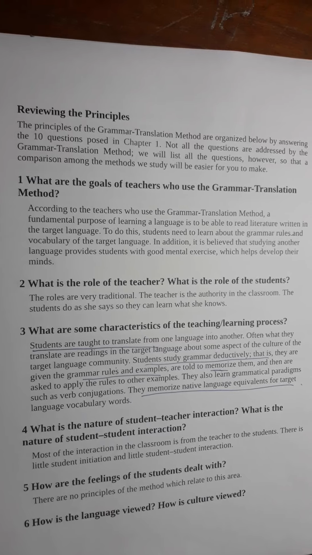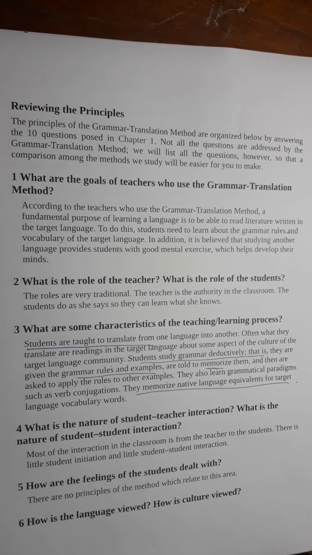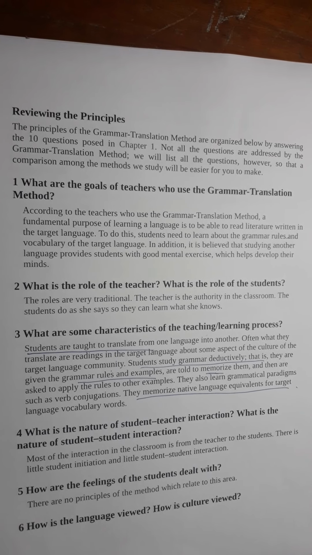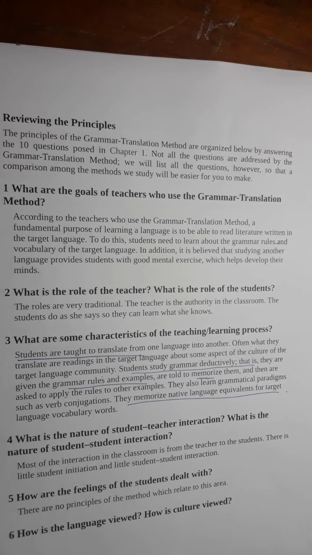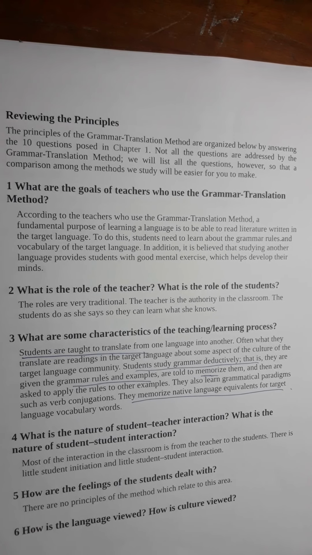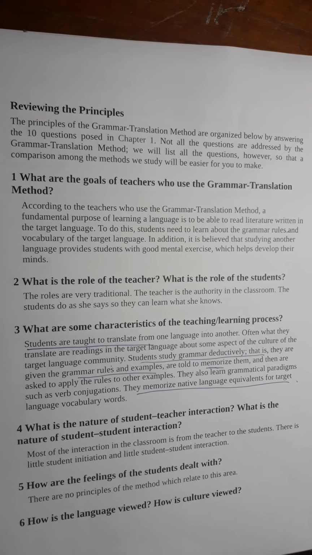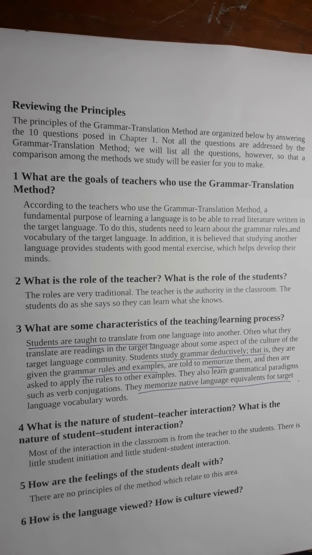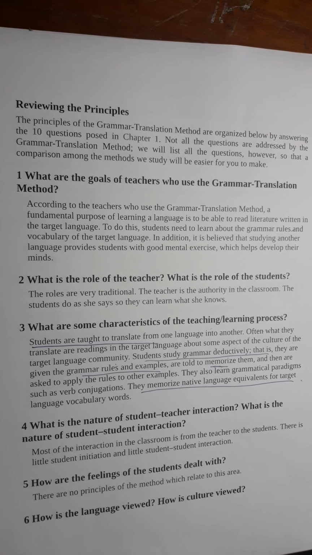In item number 4, we have a question which is related to the nature of student-teacher interaction. We mentioned previously that we have different patterns of interaction. We have student-teacher, teacher-student, and student-student, whether individual students or groups of students.